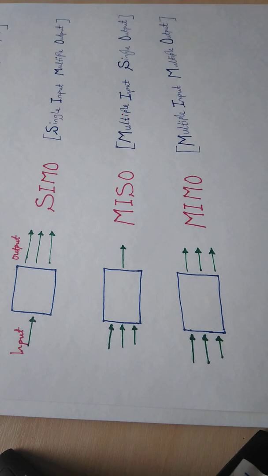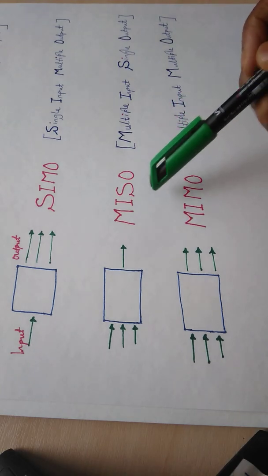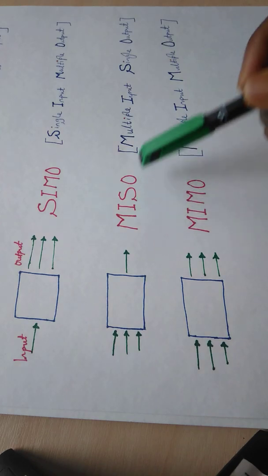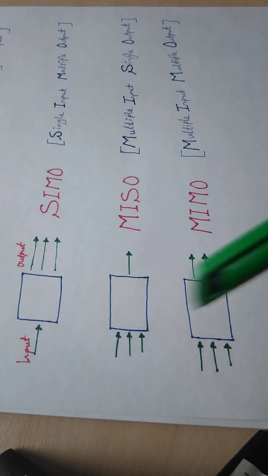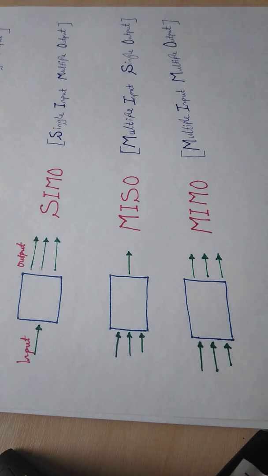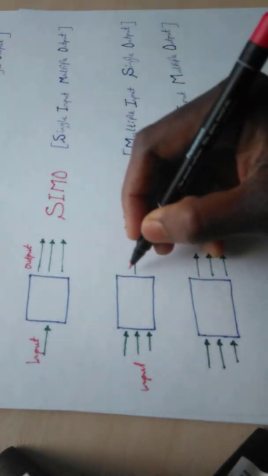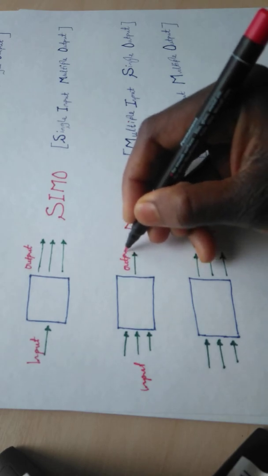Another system could be MISO. So a system could be in such a way that you are putting in many input signals and you are getting just one output signal.